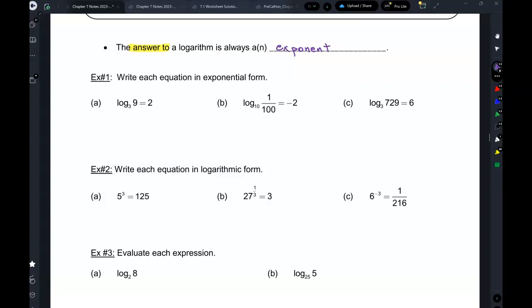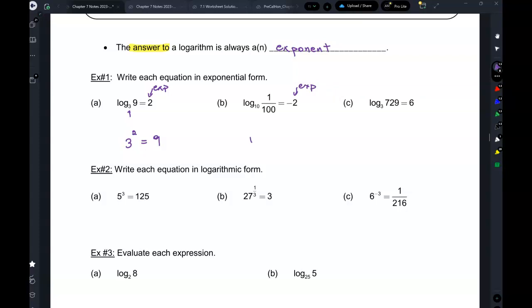Okay, so here, let's write each in exponential form. Remember, the answer to a logarithm is an exponent. Every exponent needs a base. What's the base in this equation? The 3 is the base. So it'll be 3 to the power of 2 is equal to 9. If you always go in that order, it'll be infinitely clear. Again, this is the exponent. What's the base? 10.